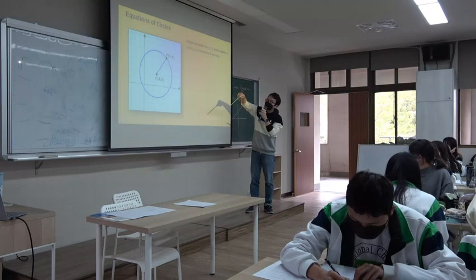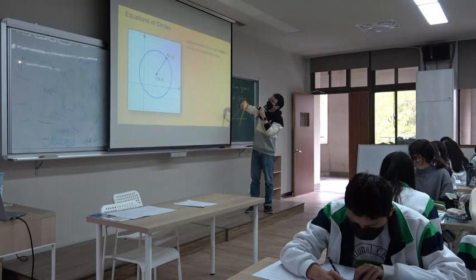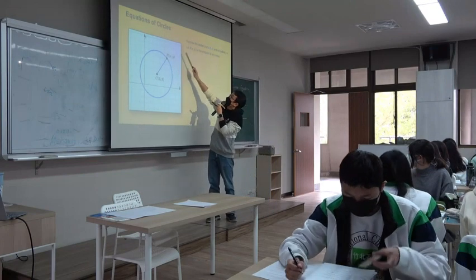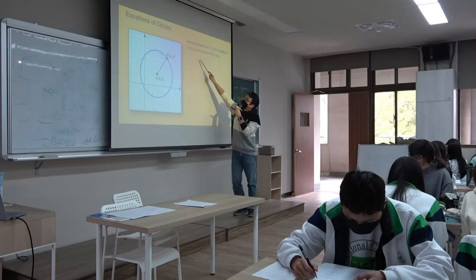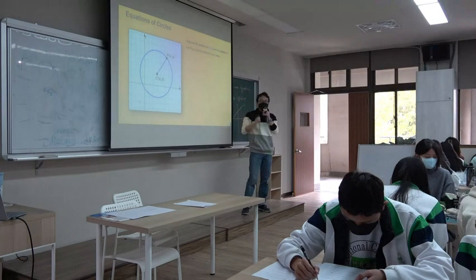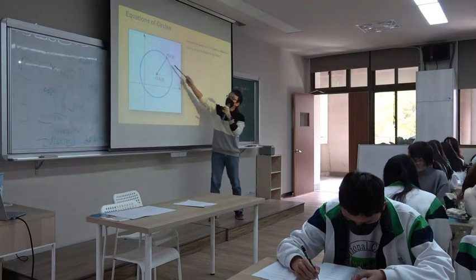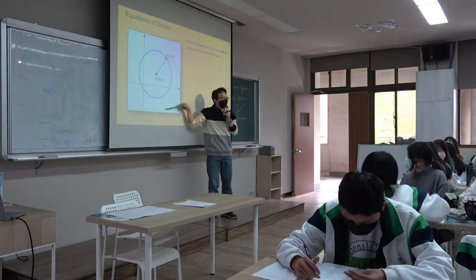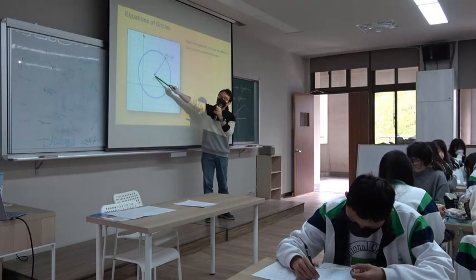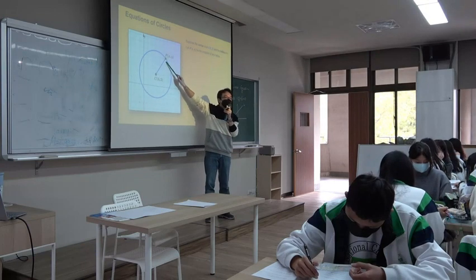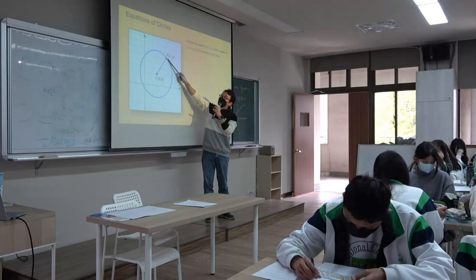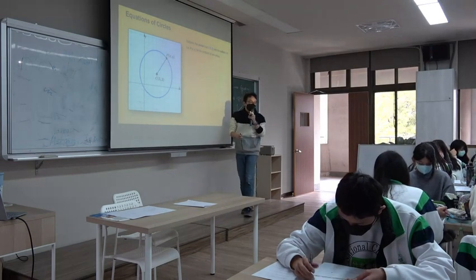Okay, this circle with radius 4, and let P be the endpoint of any radius. That is P is on the circle, right? Because the radius is one endpoint is at center and another endpoint is on the circle. Okay, that means the point P is on the circle.